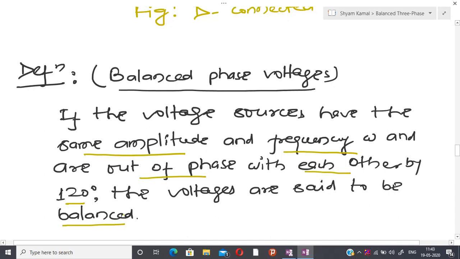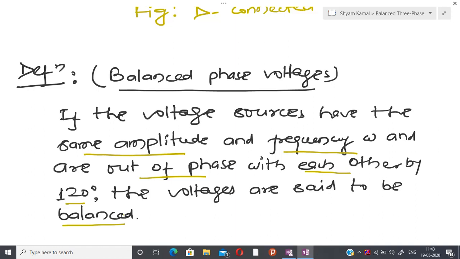So first I have taken the Y connection, and in the Y connection I have defined the phase voltage, and after that I have checked the magnitude and frequency. If magnitude and frequency are all the same, then that is called balanced. And what is the meaning of unbalanced then?